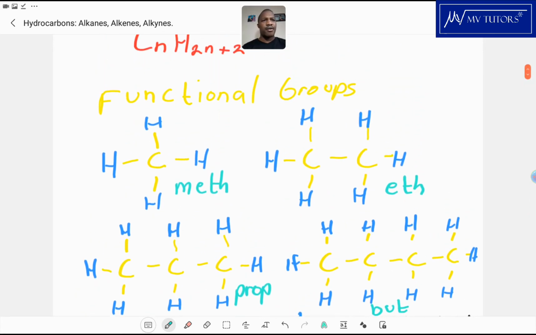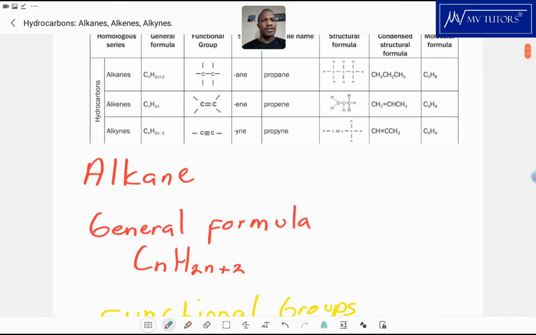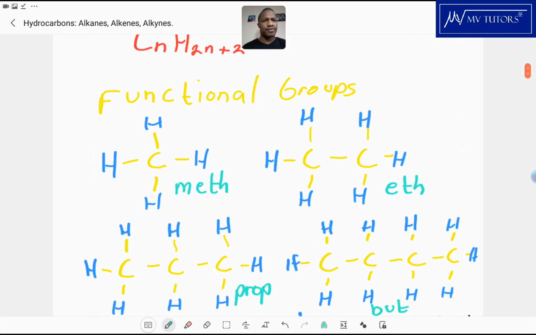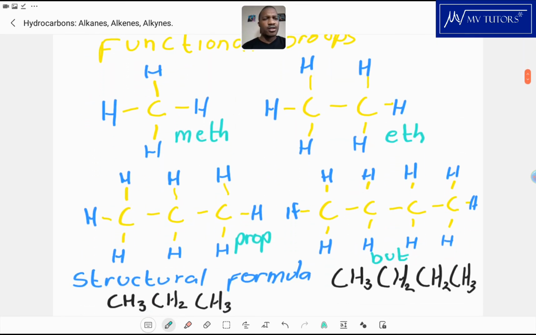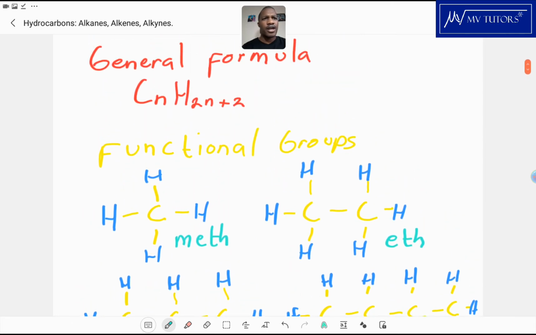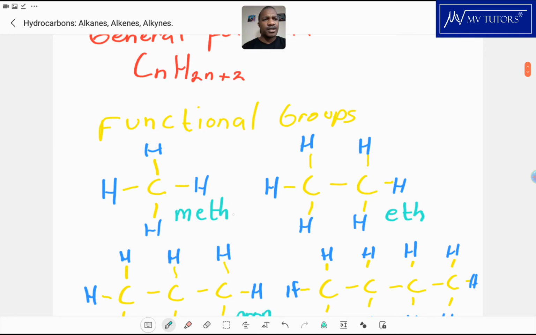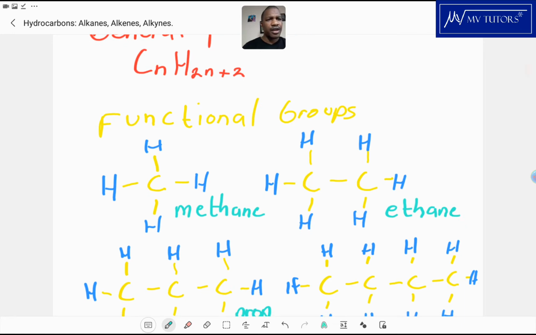Now, when we're talking about the suffix, for an alkane the suffix is ane. So you put meth, you put ane there to complete it: methane. Eth plus ane makes ethane.